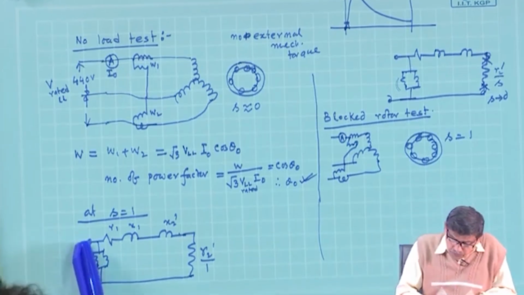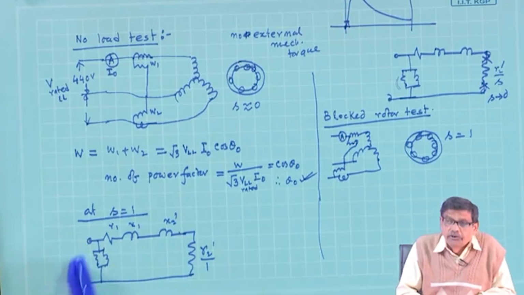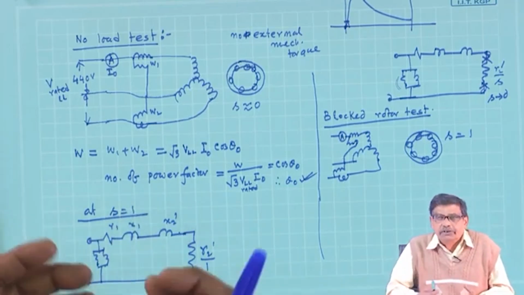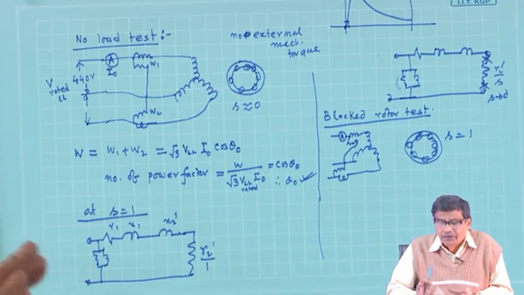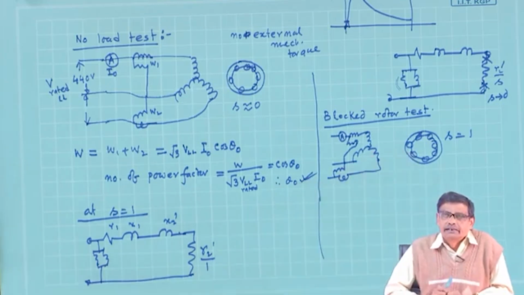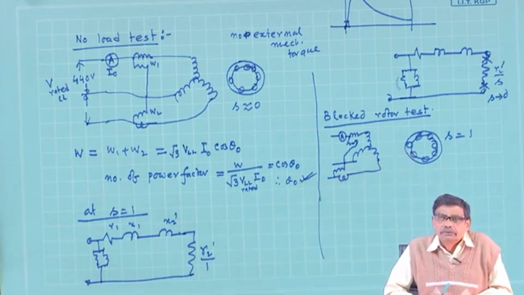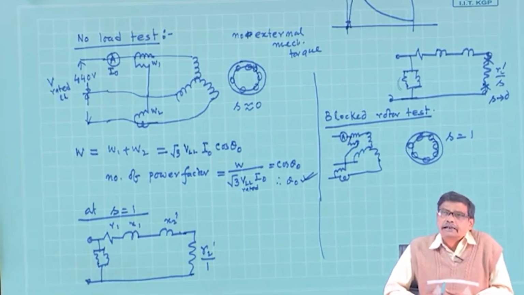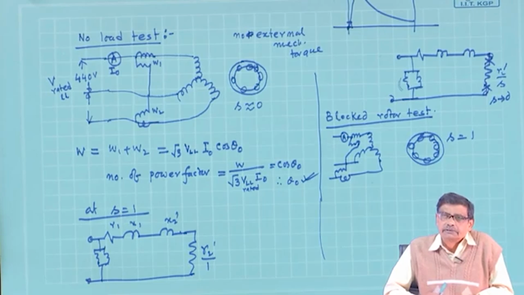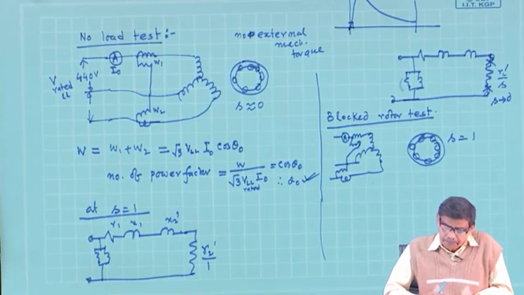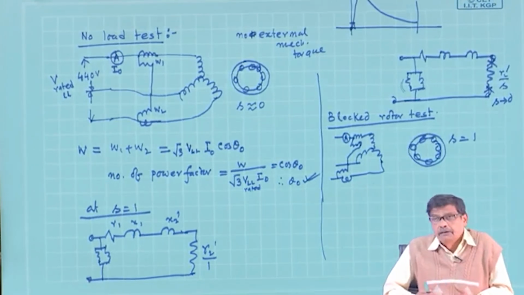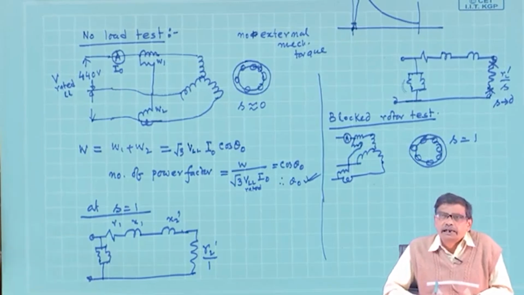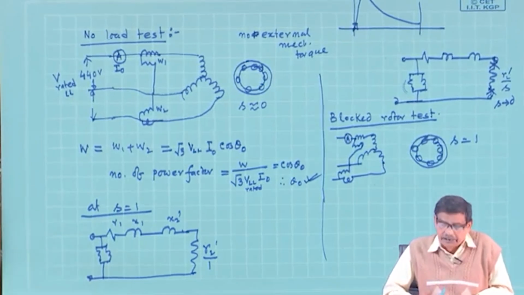Therefore, if you apply full voltage, a huge current will be drawn from the circuit, as if you are almost short circuiting the supply. That you cannot do, because the machine may exceed its rated current by many times, maybe 15-20 times higher than the rated current.